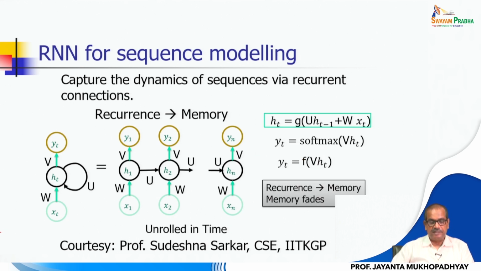When you are modeling it, once again it shows those relationships in terms of weights, and it captures the dynamics of sequences via recurrent connections. The problem here is that this memory fades. The recurrence relation is basically the context.